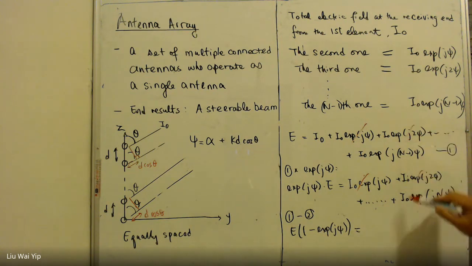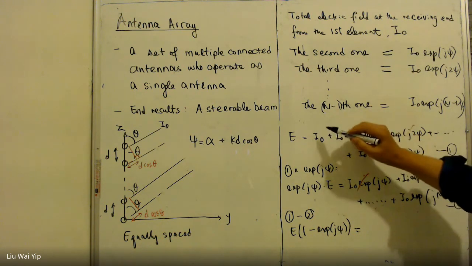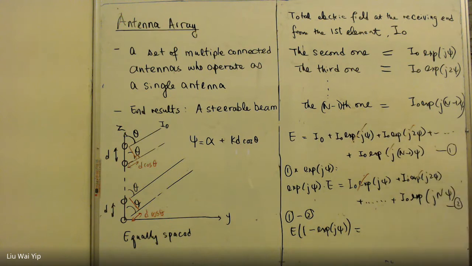This one cancels off. And then as the process goes on, this one will be subtracted as well. So what we end up with finally is this term and the last term. So I naught, and this will be the equation after a lot of simplification. And this equation is obviously very easy to resolve.